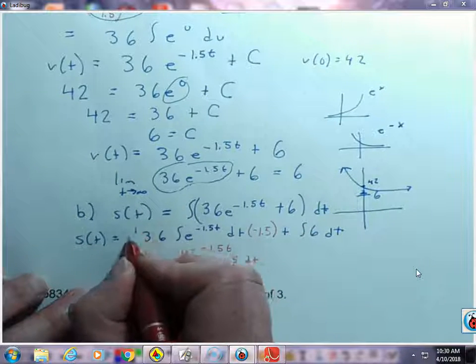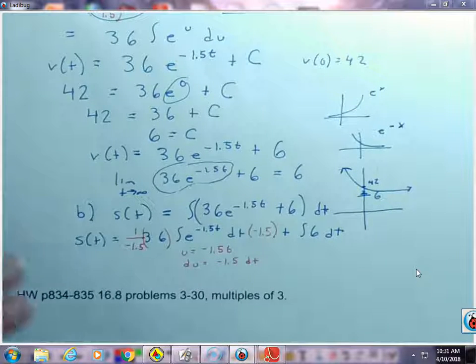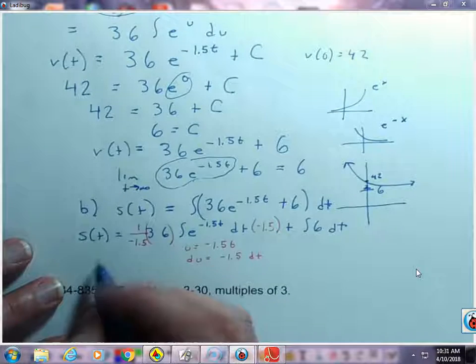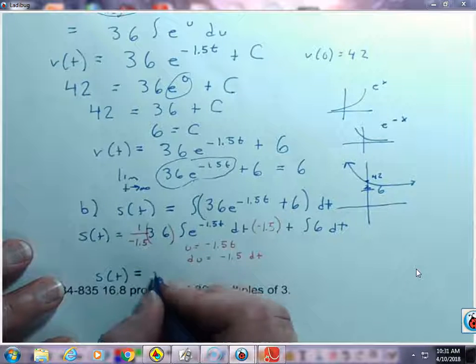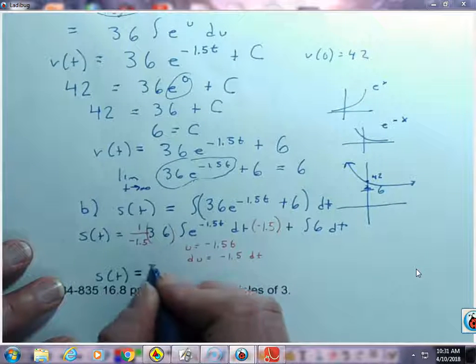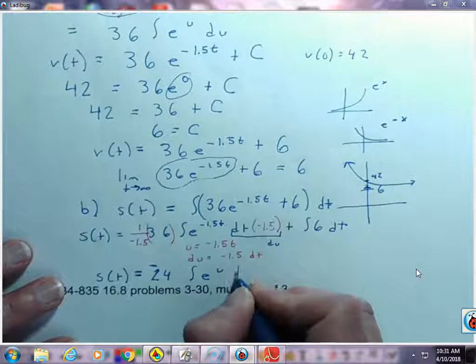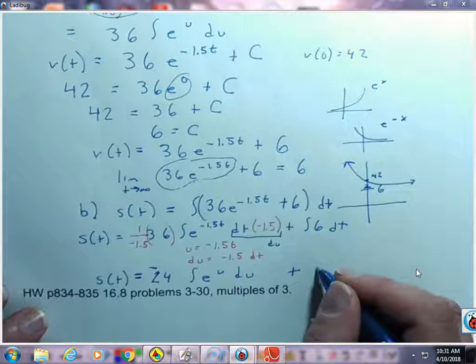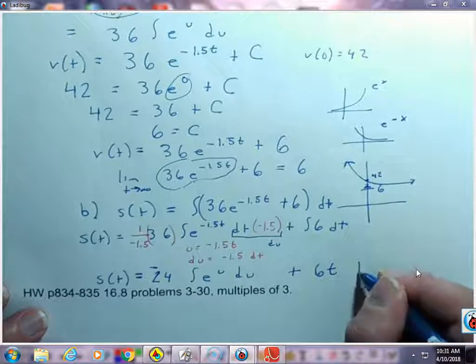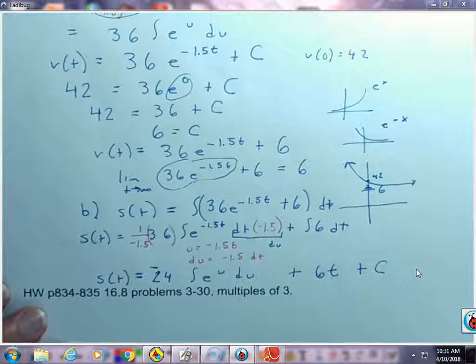We need a negative 1.5, so 1 over negative 1.5, and I think that's negative 24. Integral of e to the u, all of that's your du. What's the integral of 6? Perfect. Now that's t. That's a c. That's a 6.